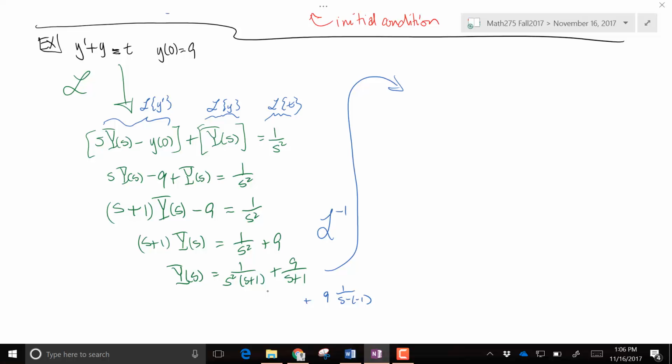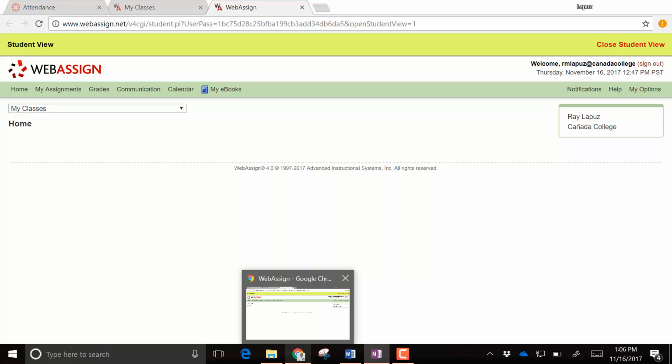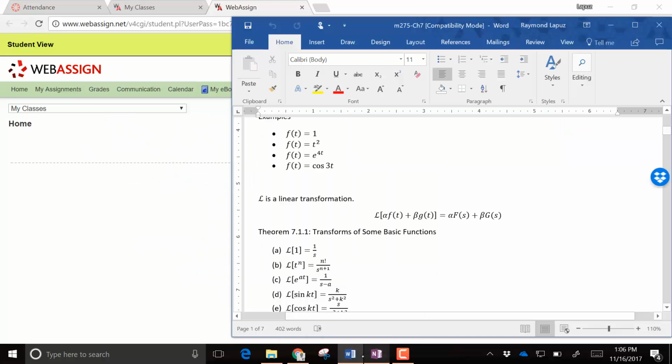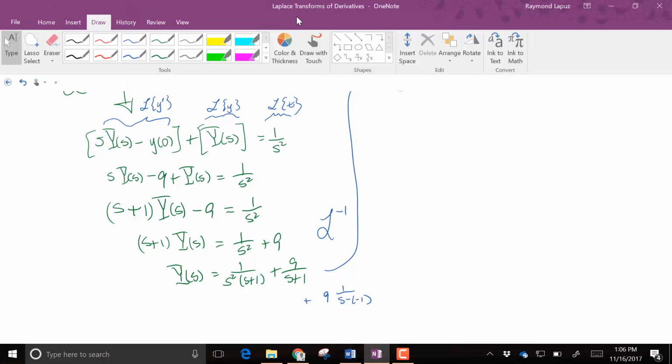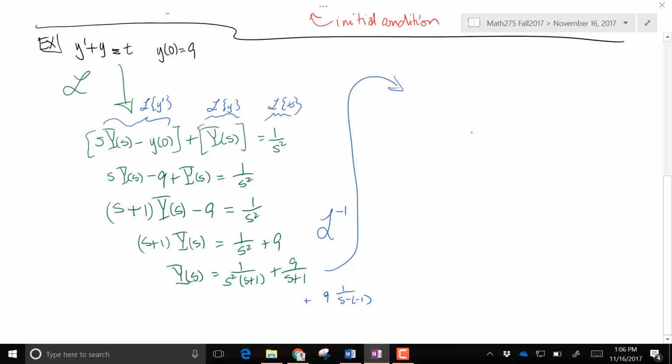So before we can take this back, let me write down a few of the formulas that we should probably know. We know that t to the n goes to n factorial over s to the n plus 1, right?